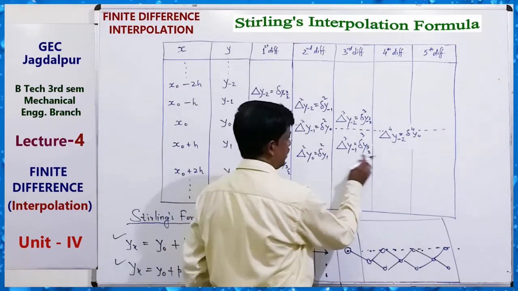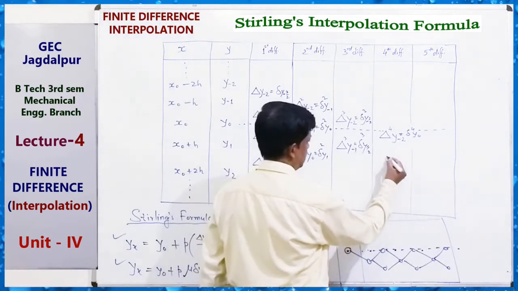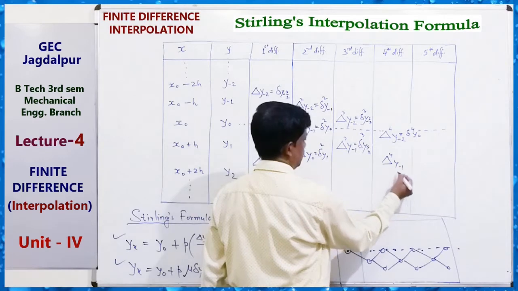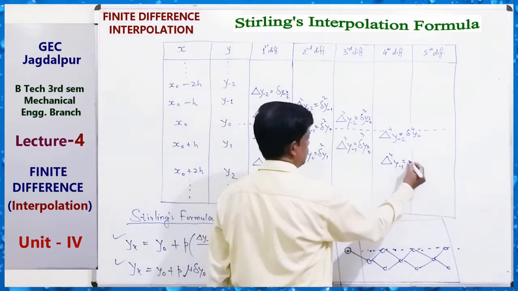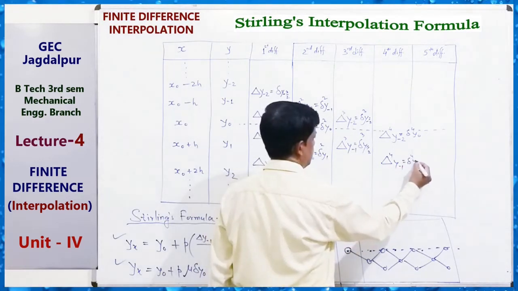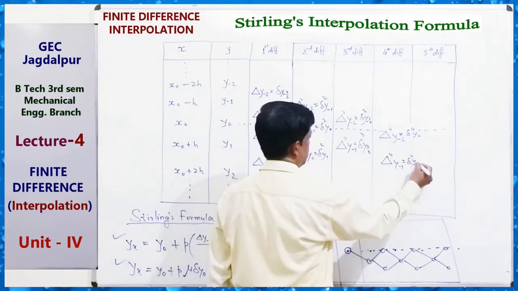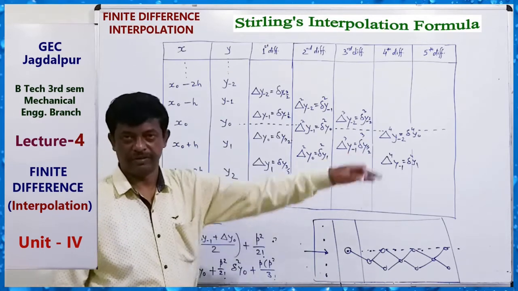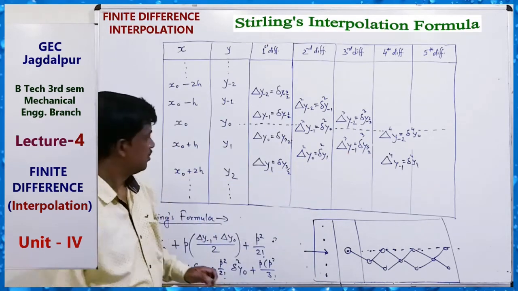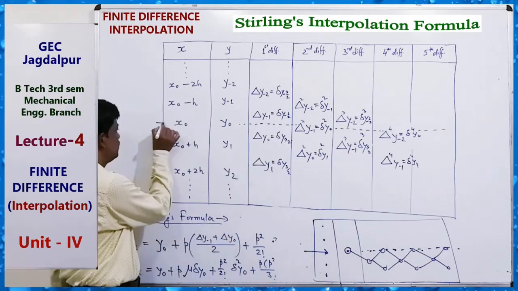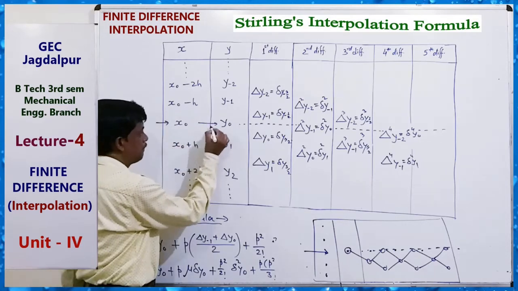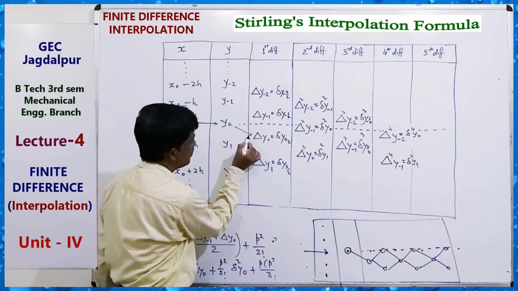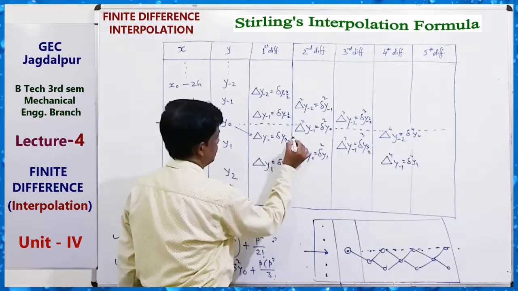Here, if we find the difference, what will the difference be? Del 4y minus 1 is there, and this is equal to del 4y 0 then 1. If we find the difference like this, so first of all this is the origin, then first take this value and then this value and then average of these two.